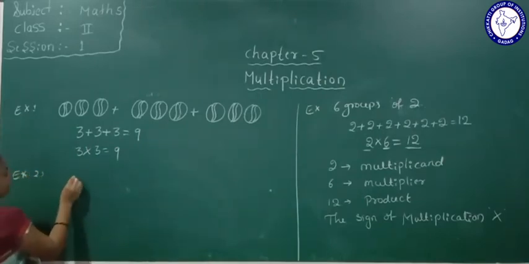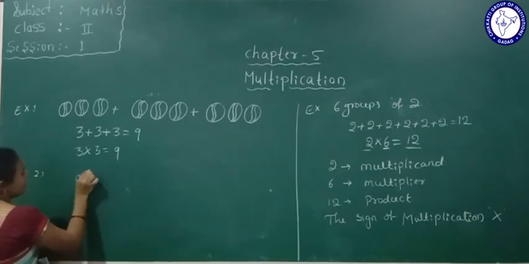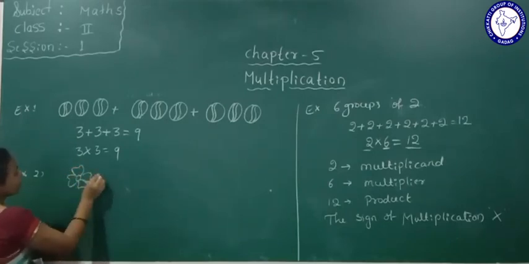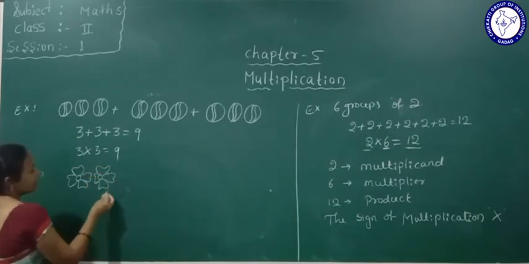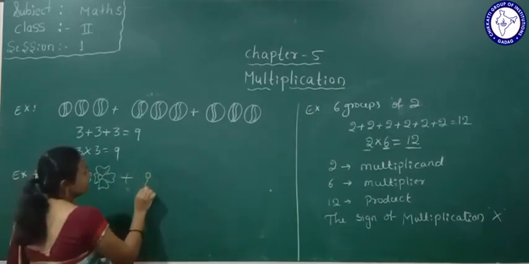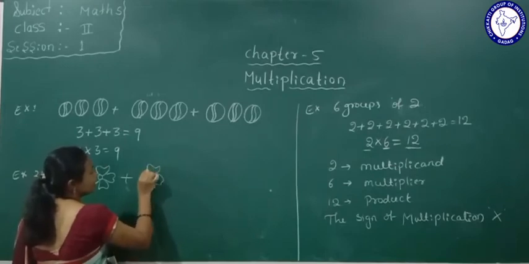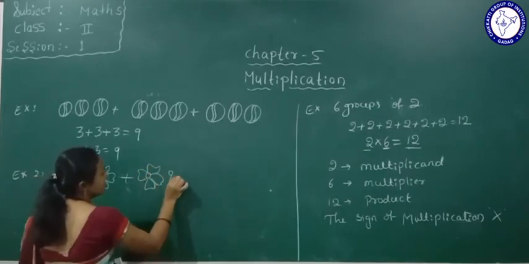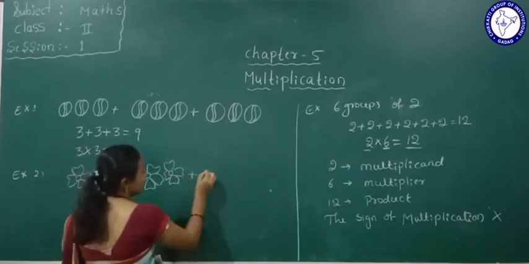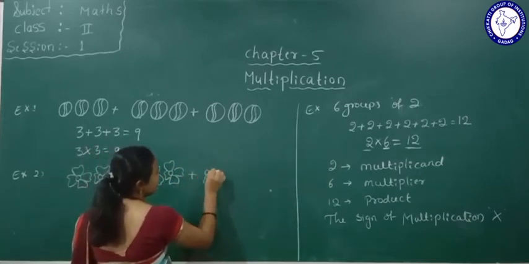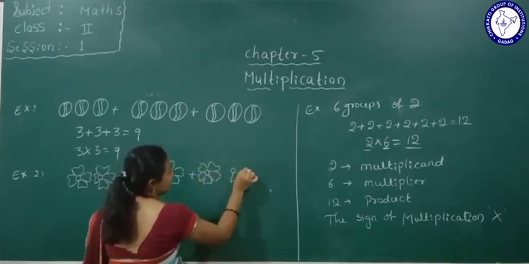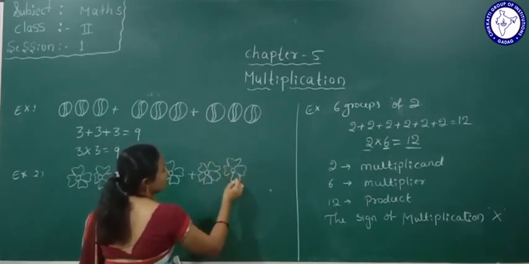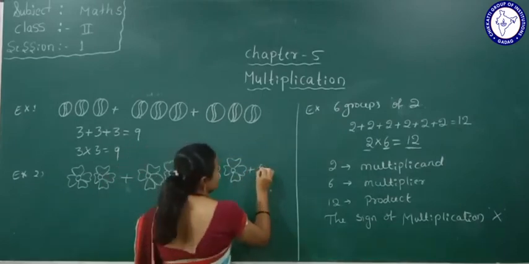Flowers we will take. So 2 flowers I will make a group. So how many groups will we make here? 2 plus 2, 1, 2 plus 2 plus here also 2.